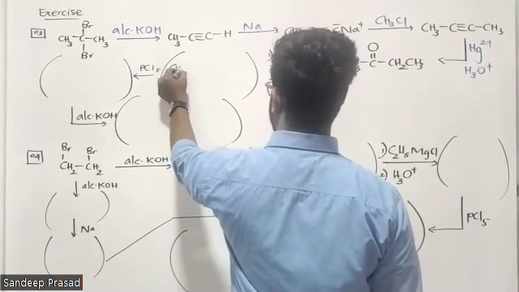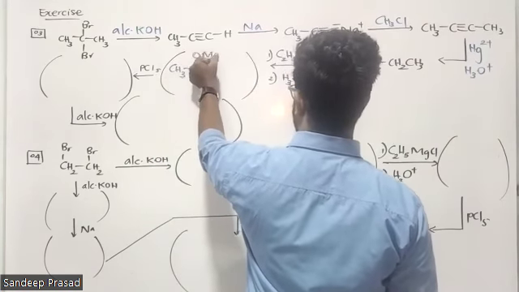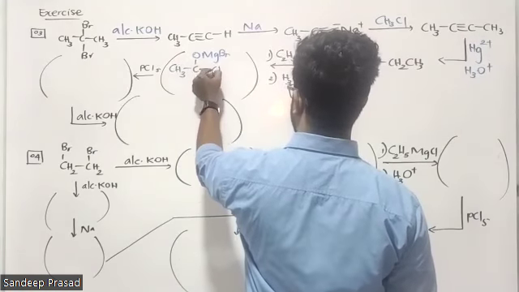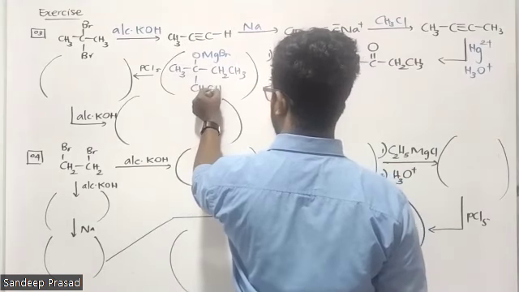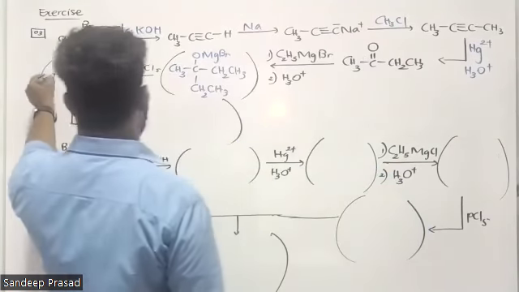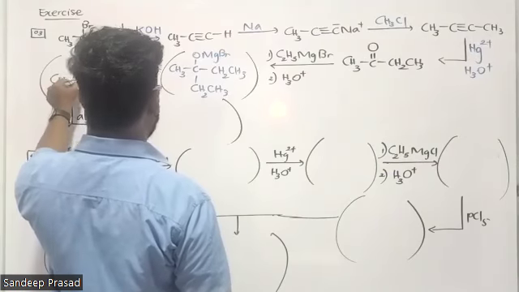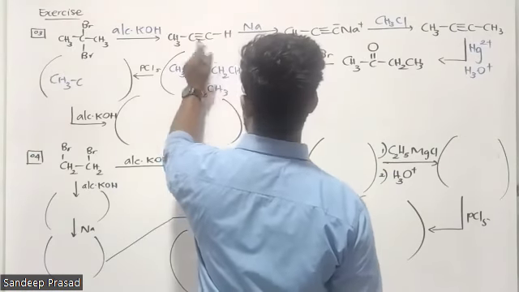So therefore CH3CH2MgBr. C2H5 means CH2CH3, or if you want, you can write C2H5, doesn't matter. This should be OH.